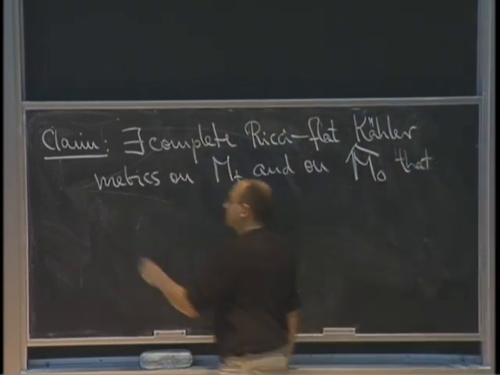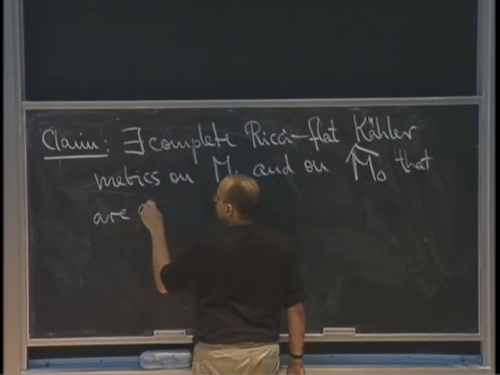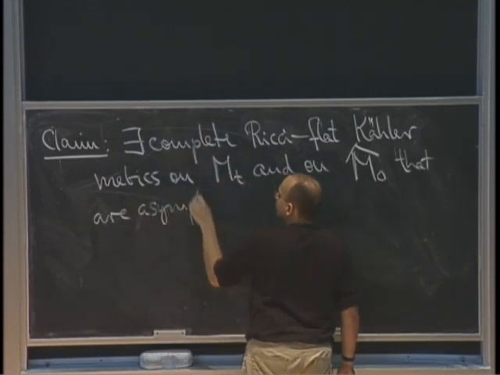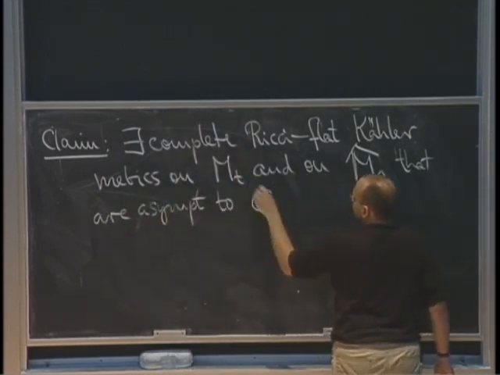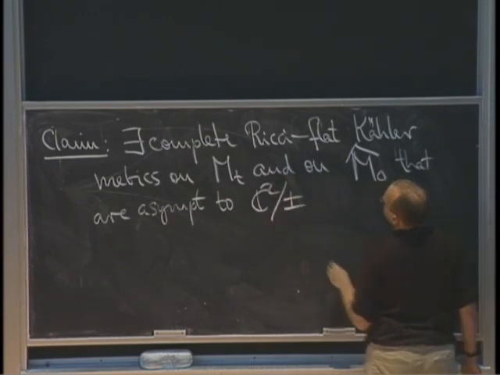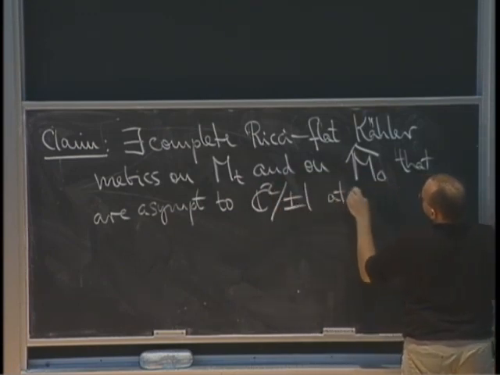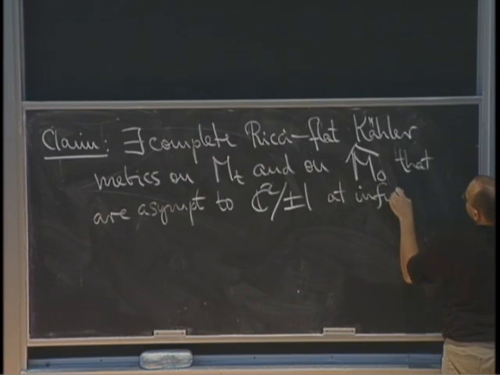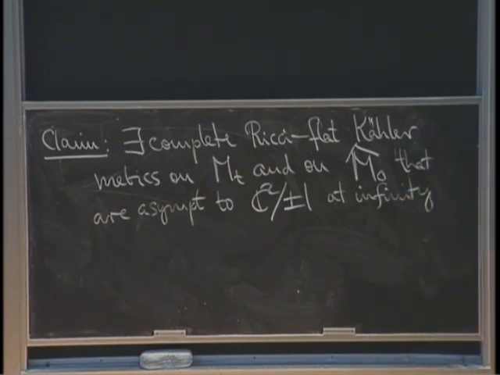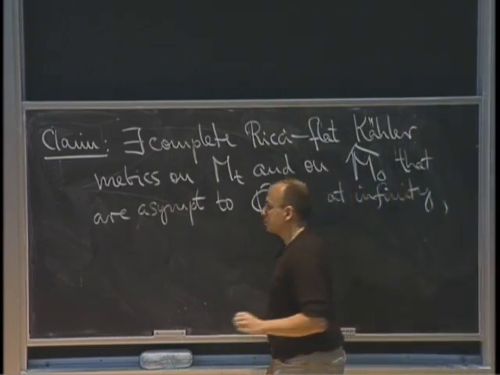They're asymptotic to the cone at infinity, and they're isometric as Riemannian metrics.